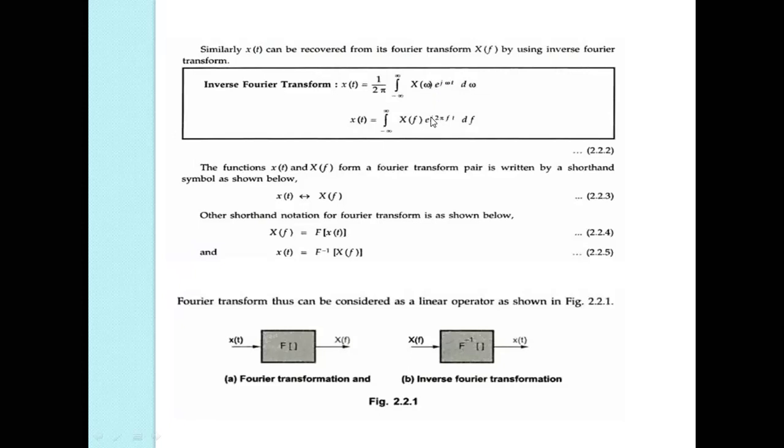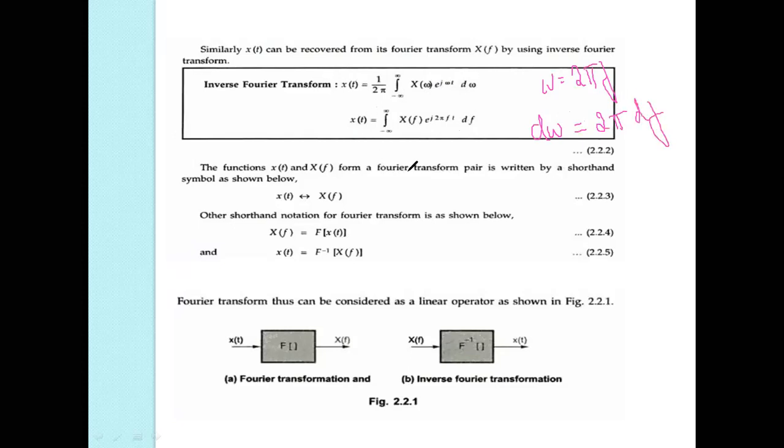Okay, now for the normal frequency, we know omega is equal to 2 pi f. Applying the derivative on both sides, d omega is equal to 2 pi into df.